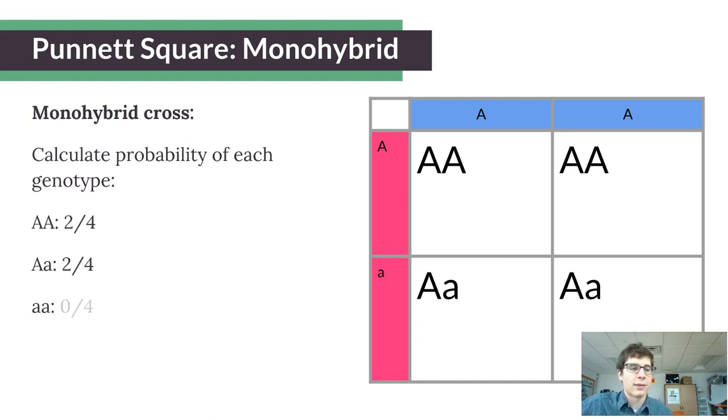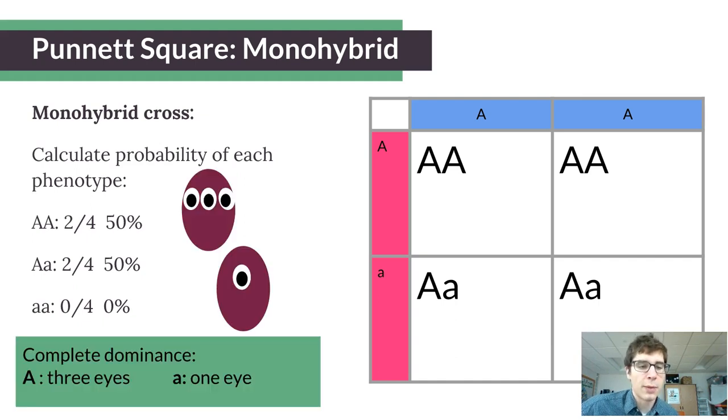In this case, we saw that there was a 50% chance for the homozygous dominant, 50% chance for the heterozygous, and a 0% chance for the homozygous recessive genotype. And then we go through and we say, okay, if these are our genotypes, what are our possible phenotypes? And we found out in this case that the only phenotype that we could get would be a 3-eyed alien, with a 0% chance of these parents giving a 1-eyed alien.